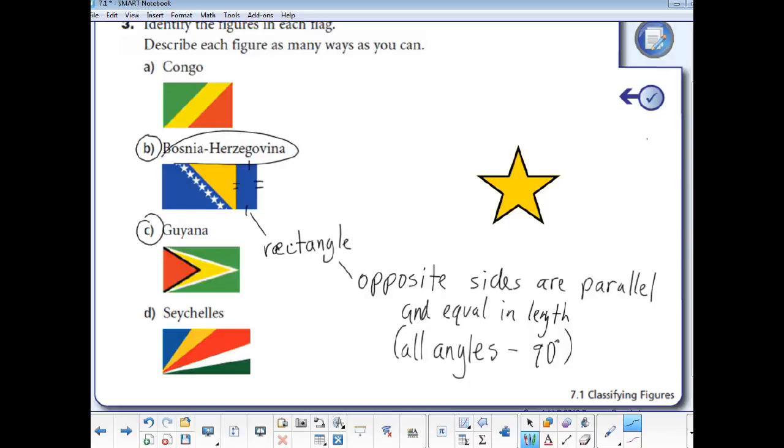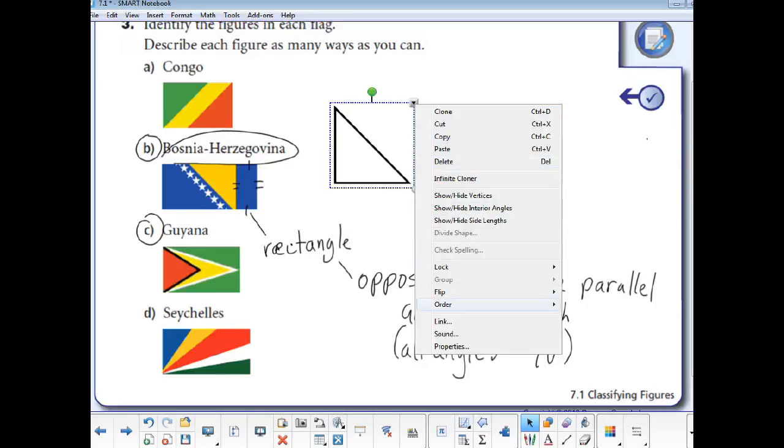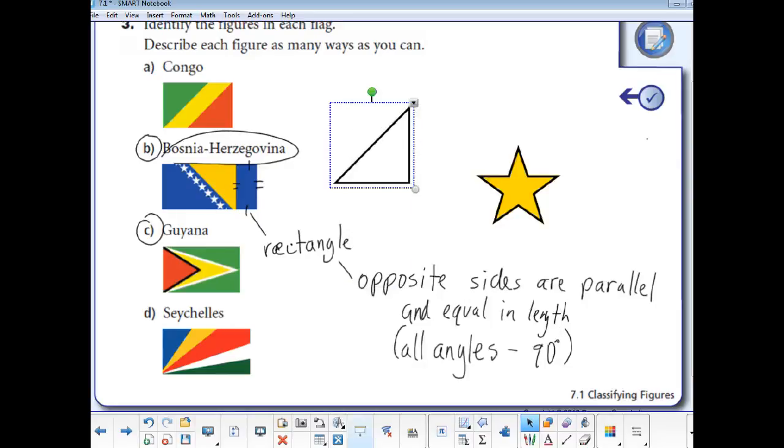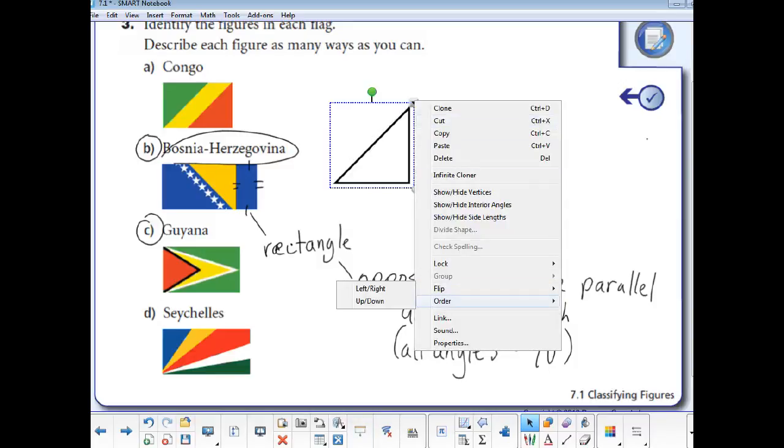What about this triangle here? If we draw that out, we should be able to find a triangle here. It looks kind of like this triangle, just flipped. So if we flip this triangle, now you have to flip it up, down.